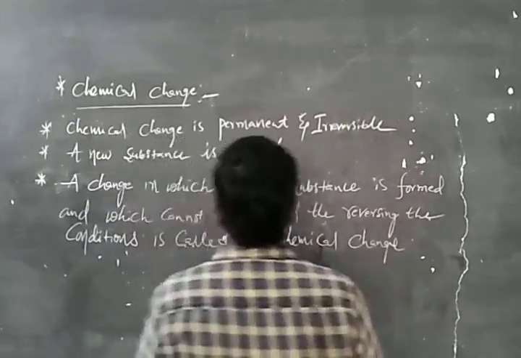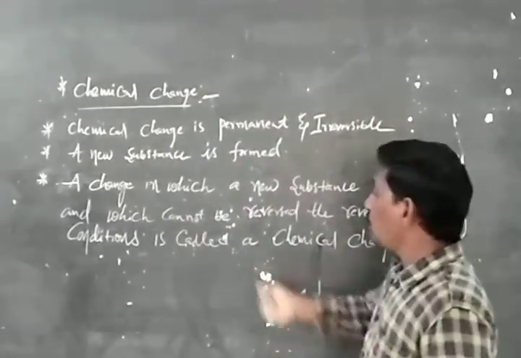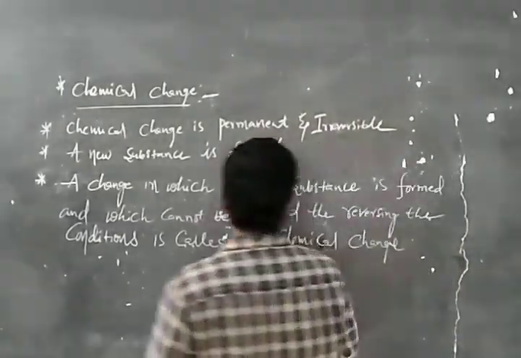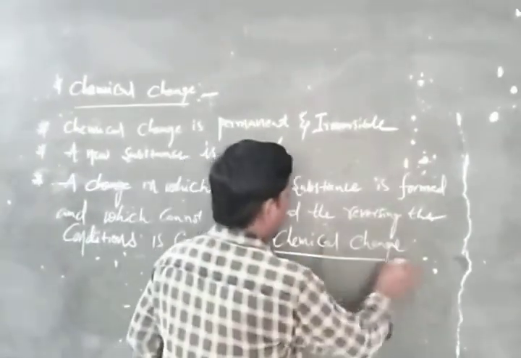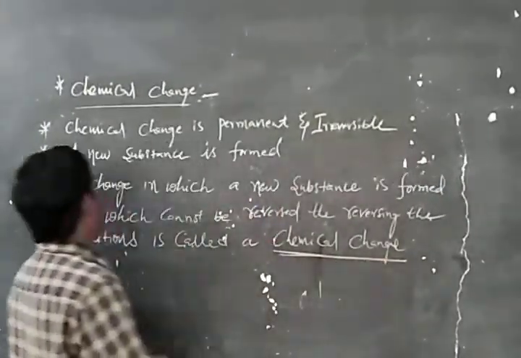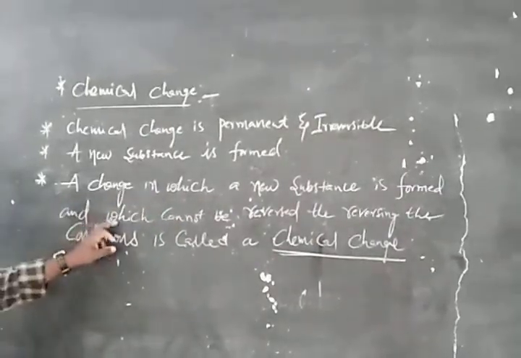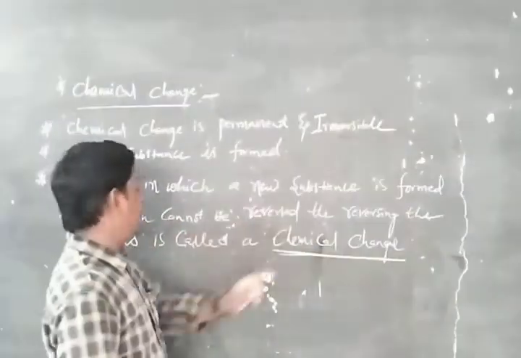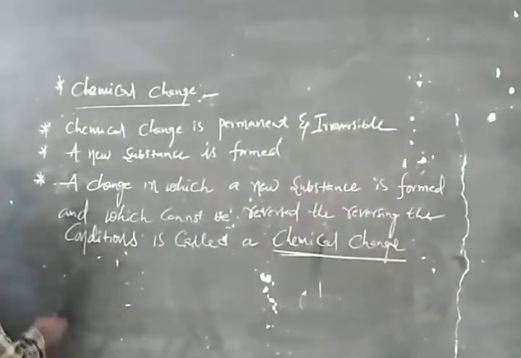A change in which a new substance is formed and which cannot be reversed by reversing the conditions is called a chemical change.